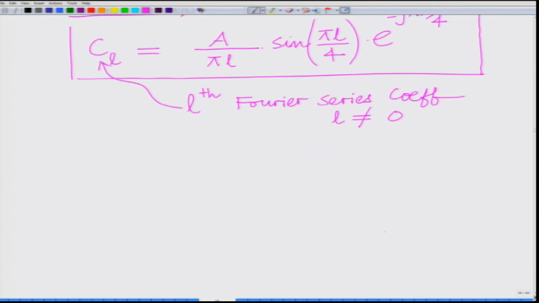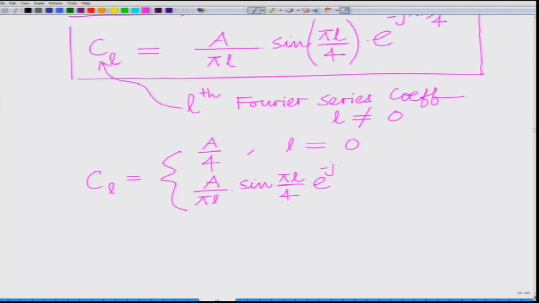So, now we can finally write C L equals A by 4 for L equal to 0, C L equals A by pi L sin pi L by 4 e to the power of minus j pi L by 4 for L not equal to 0.